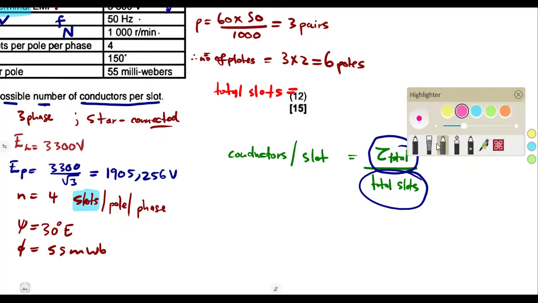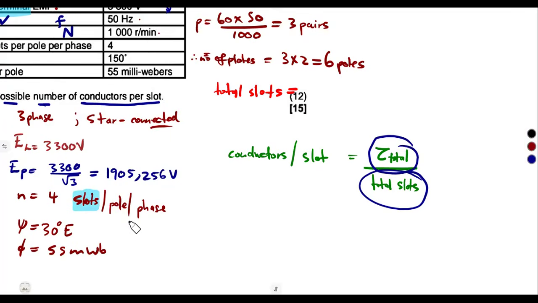So how do we get rid of per? To get rid of per, you multiply by that per. So the total number of slots was simply going to be calculated from n times, we want to get rid of per pole, so you multiply by the total number of poles, times, we must remove that per phase, the number of phases. That is the condition.